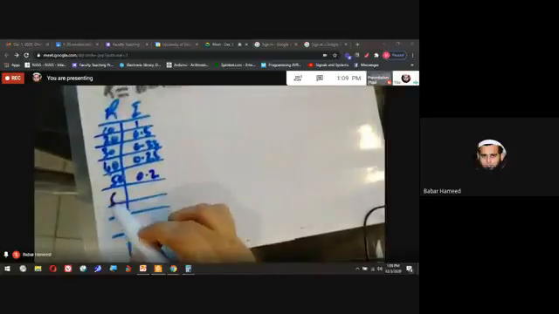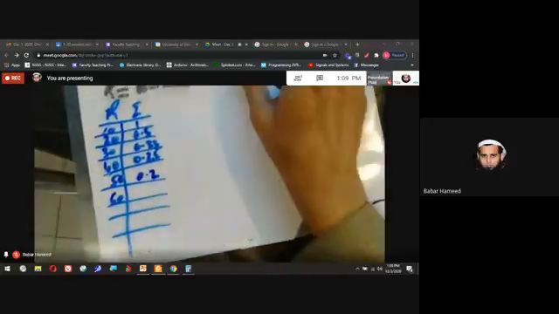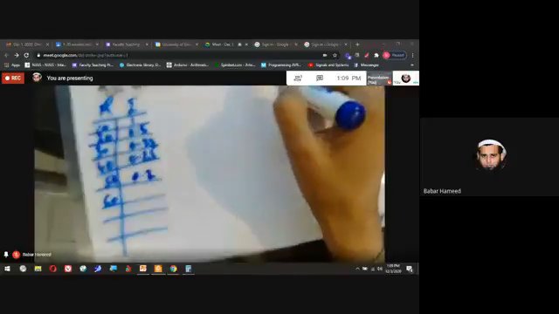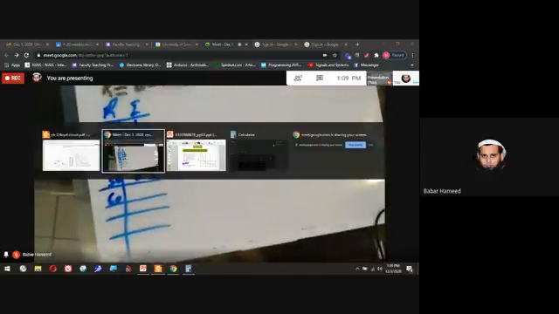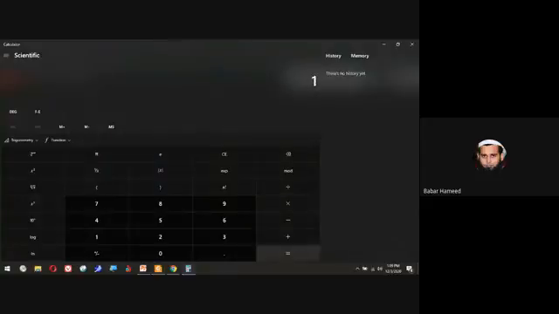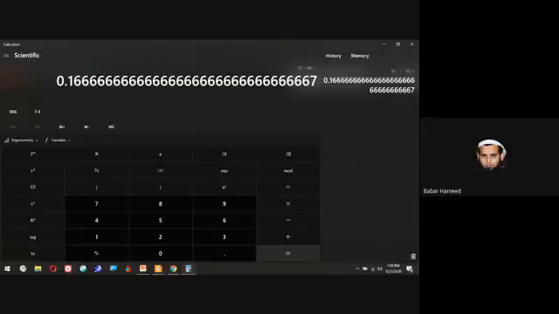For 60, 10 over 60. So it is becoming a little bit complex. We have a calculator. 10 divided by 60, it will be 0.16, 0.167 we can say.